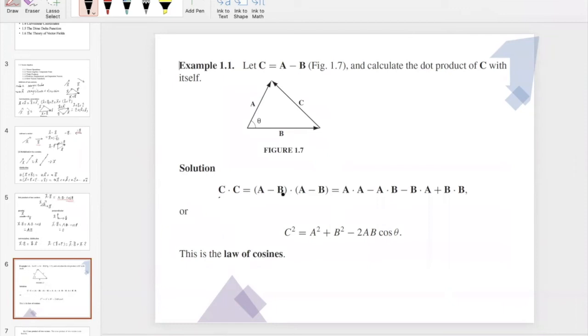You'll get A dot A subtracted by A dot B subtracted by B dot A plus B squared.